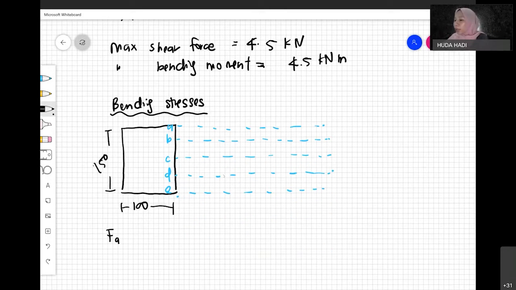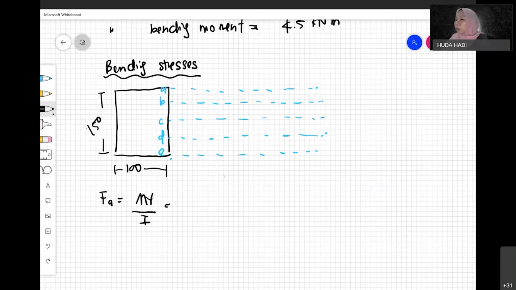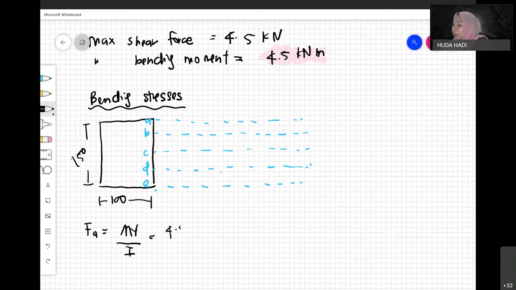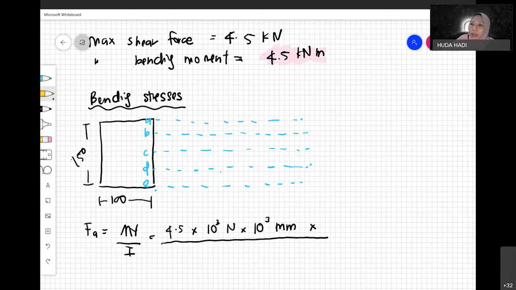FA equal to my I. For the maximum bending moment, 4.5. This is in kilonewton meter. So bila you nak tukar to newton, then you darab 10 kuasa 3 newton and you darab 10 kuasa 3 millimeter. Sebab meter tukar to millimeter and then darab dengan the Y. Y is apa? 75.